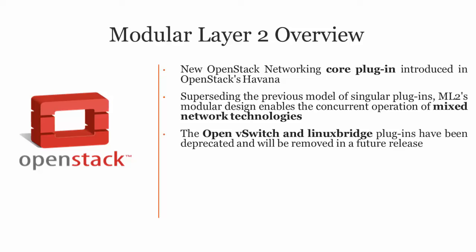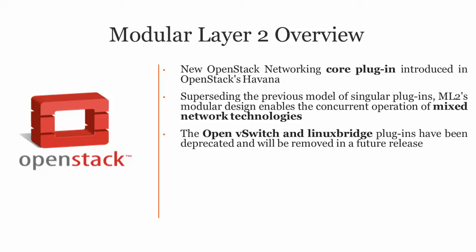Especially, the Open vSwitch and the Linux Bridge plugins have been deprecated and will be removed in future releases. It means that before Modular Layer 2, for this kind of purpose, we had to use Open vSwitch or Linux Bridge or other things. But if they are separate or different plugins, then they could not communicate with each other.